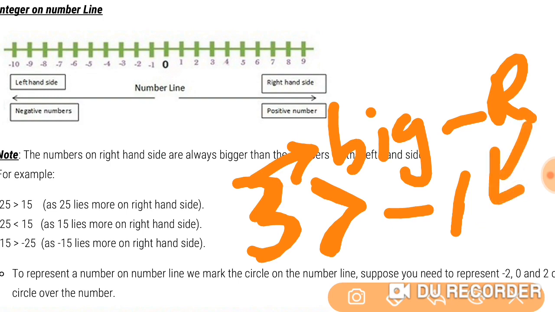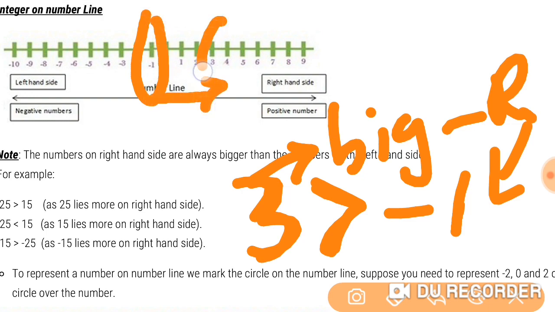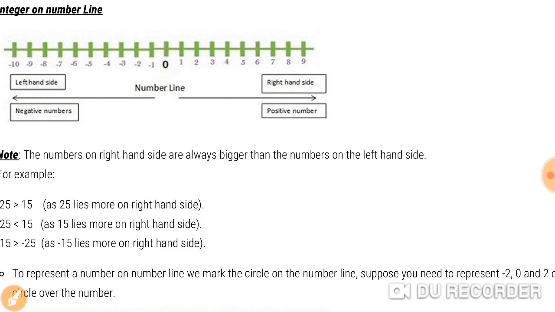Then where is the minus 1? Here. So right means this side. You can see the picture. 3 is on the right side of minus 1. That's why minus 1 is less than 3, so 3 is bigger than minus 1. Understood? Take another example here.